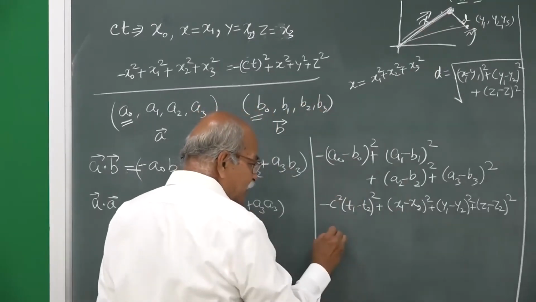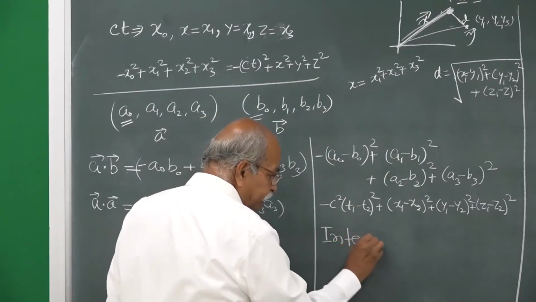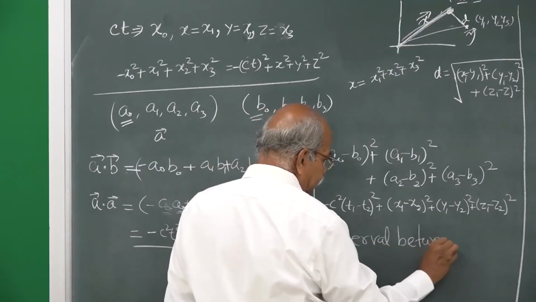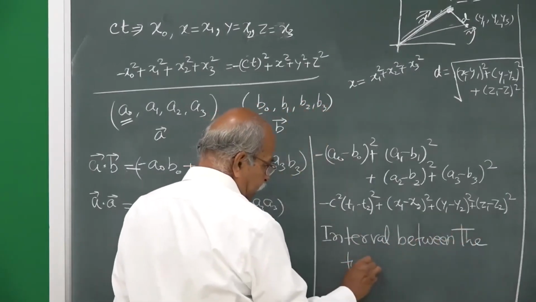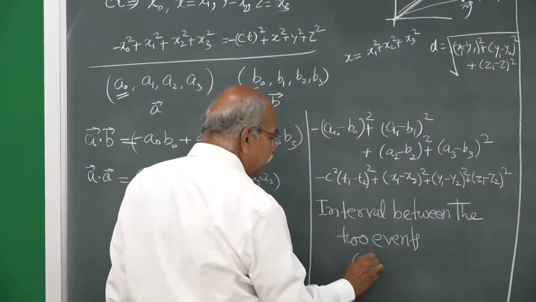Now this quantity is called the interval between the 2 events, not the time interval. Remember, not the time interval.